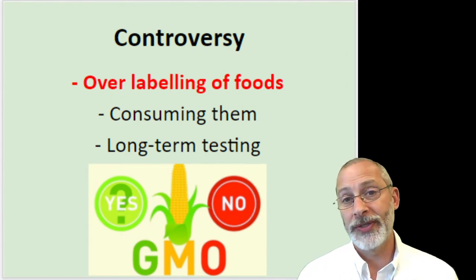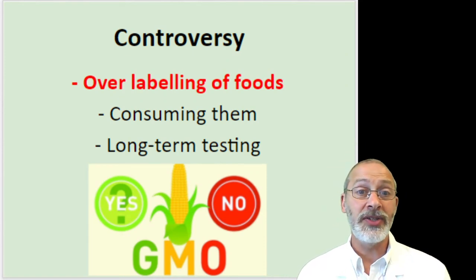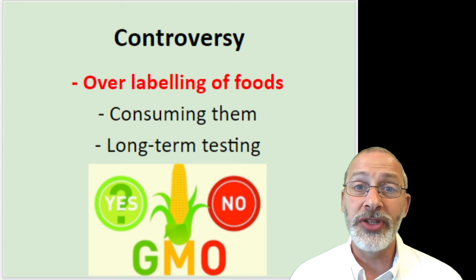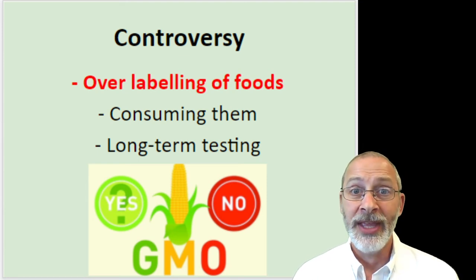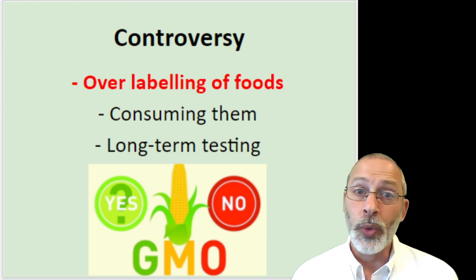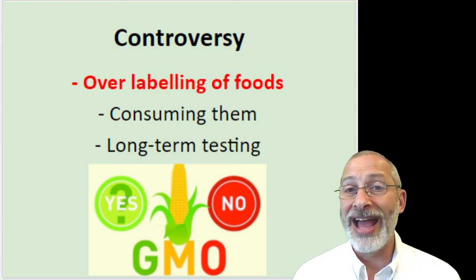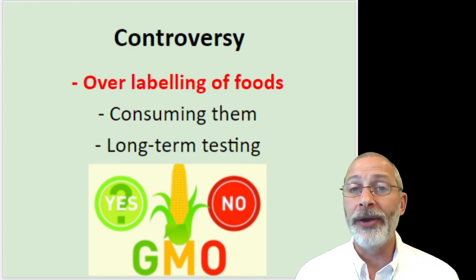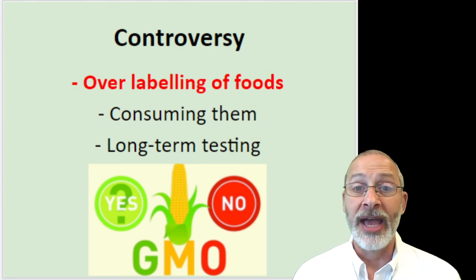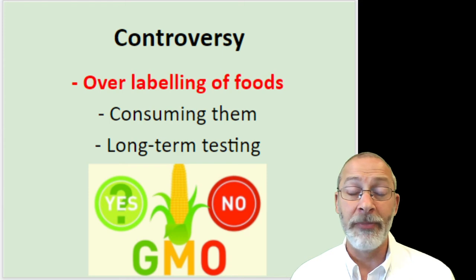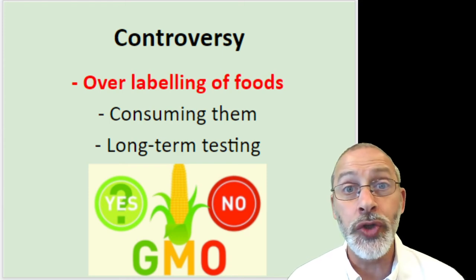Number one, at least in this country, there's a controversy right now about labeling the foods. As of the current date, we don't have any federal or national guidelines requiring GMOs to be labeled GMOs. And that concerns some people because some folks want to know what they are consuming.